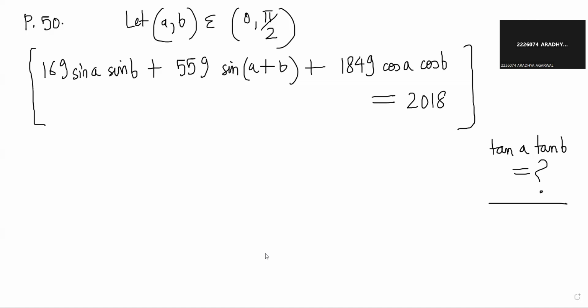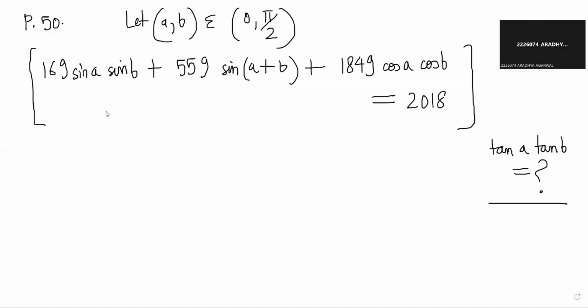Sir, I had a lag. So, I made an attempt in this question. 364 sin A sin B plus 1204 cos A cos B is equal to 1009. It came, but I wasn't able to solve afterwards. What is your first step? What did you try to do here?